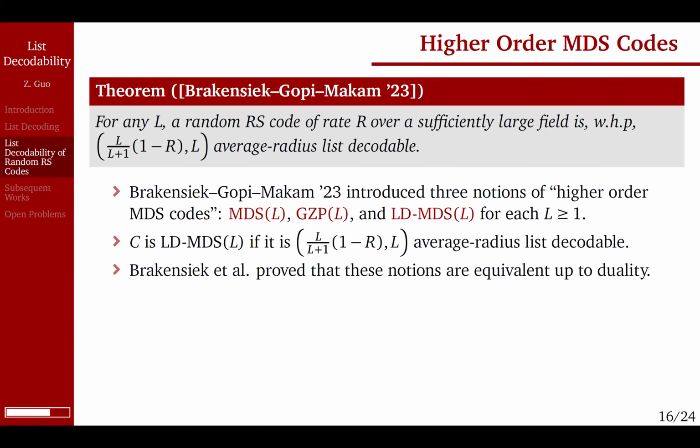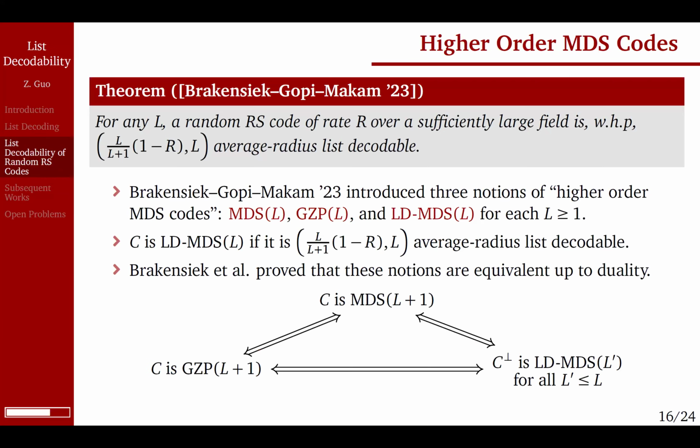So they prove that. This notion comes from three different areas. It comes from decoding. These authors are at Microsoft, so they are interested in data storage, that kind of thing. This MPSL comes from data storage, and this GPPS comes from related areas like network coding. So these three notions are equivalent up to duality.